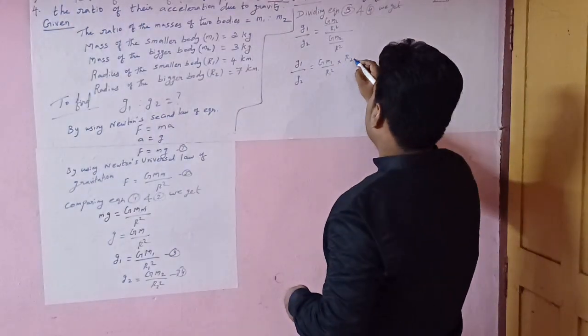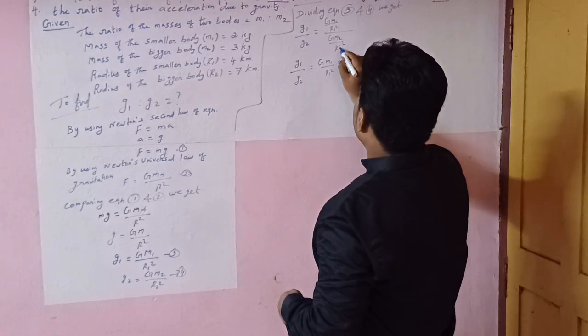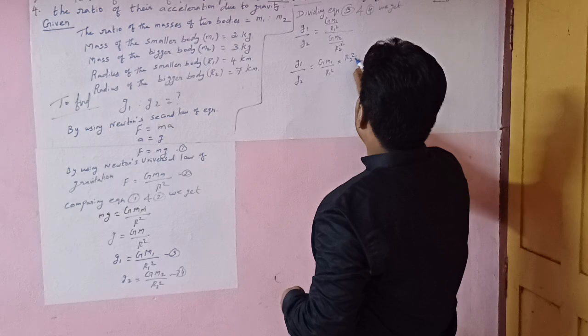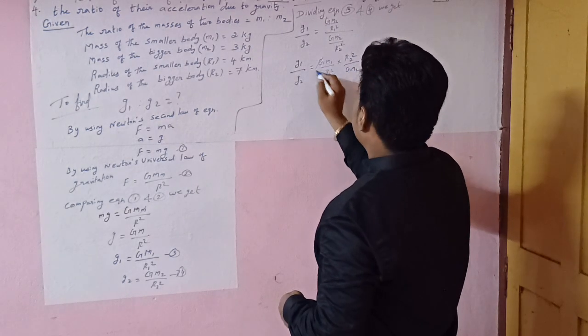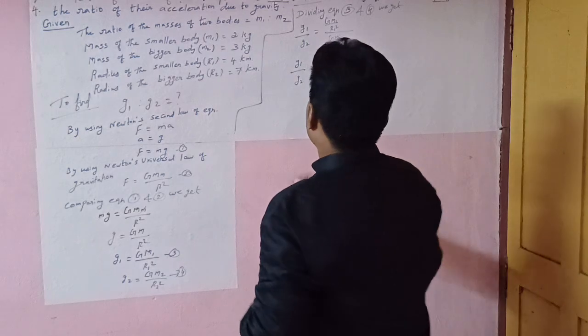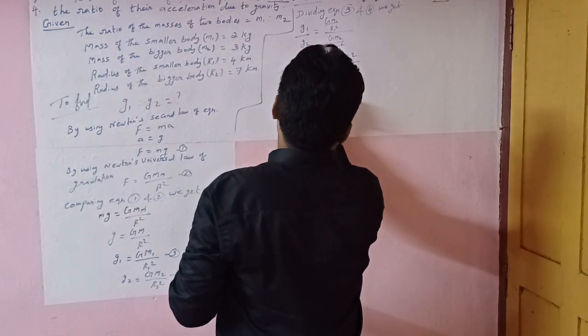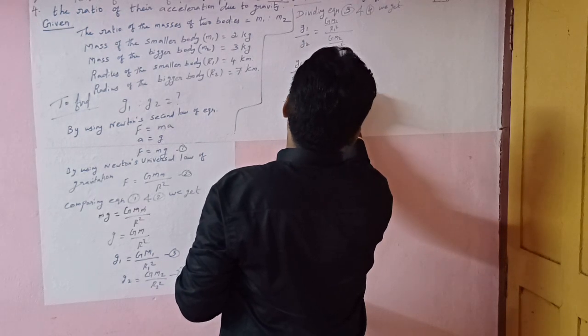So R2 squared divided by G M2. The G's will be cancelled. So the remaining term, g1 divided by g2, is equal to M1 divided by M2 into R2 squared divided by R1 squared.